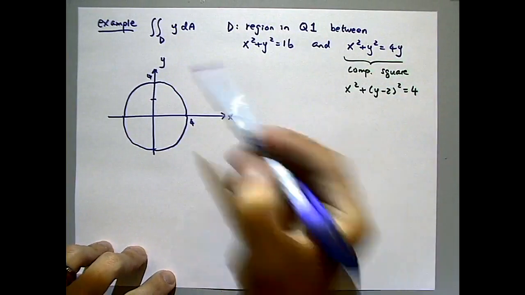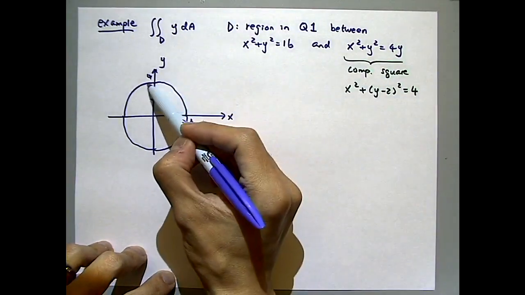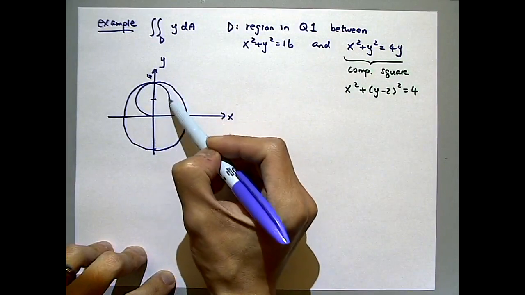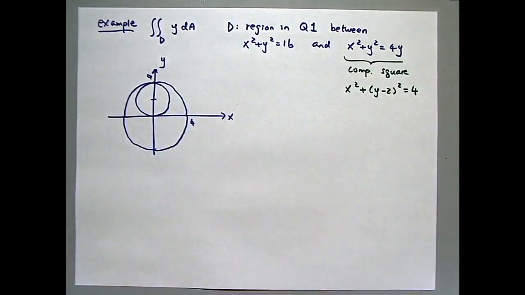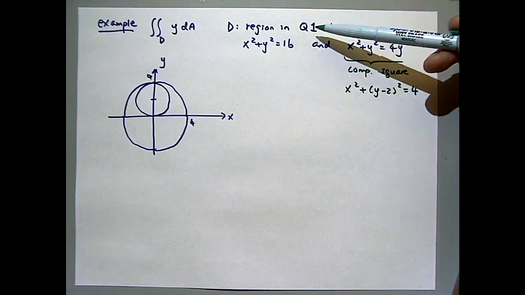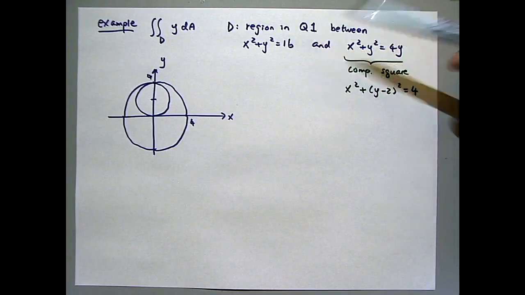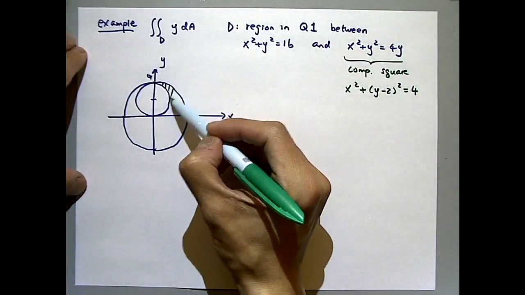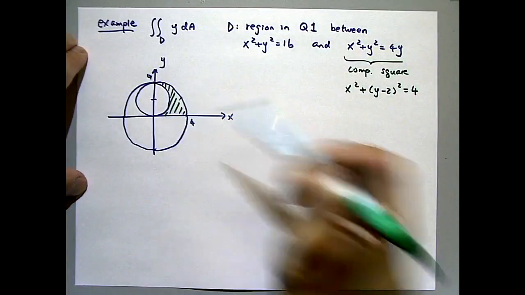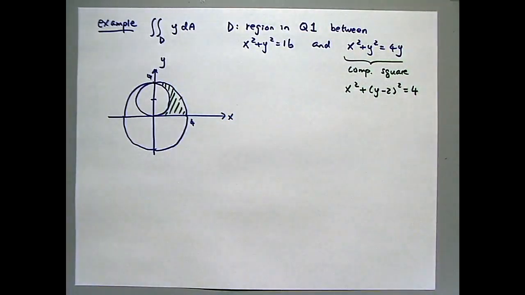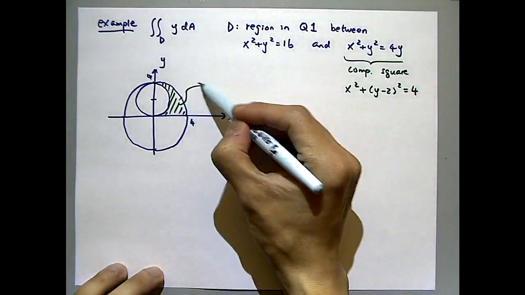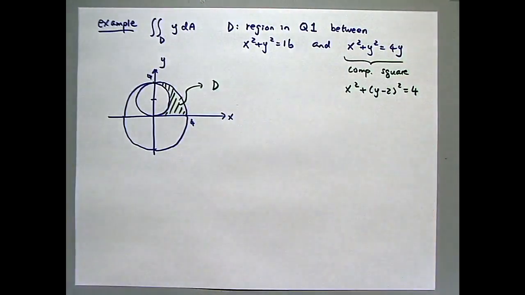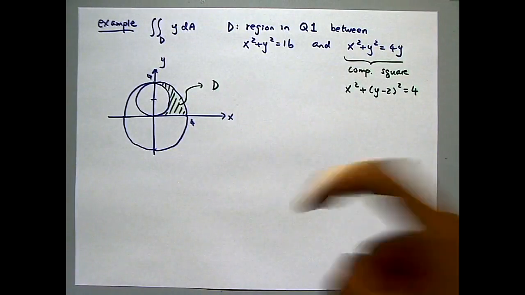Radius 2, so it's going to touch the big circle right there and touch the origin. We only care about the part of that in quadrant 1. So we're talking about this thing right here. So this is our D. It's kind of like a claw shape, right?